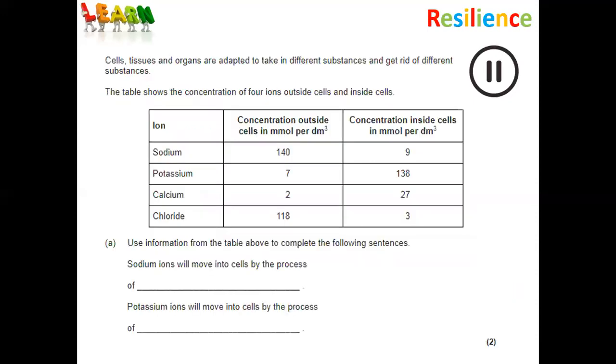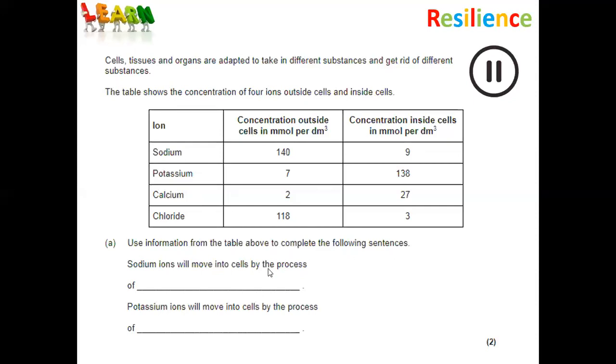Okay. One of the beginning parts of the third question isn't just about osmosis. This question is asking about cell transport in general, and it gives you a bit of information at the top and says that the table shows the concentration of 4 ions. So an ion just means a charged particle from chemistry, outside cells and inside cells. So it's got a list of the ions, the concentration outside, and the concentration inside the cells.